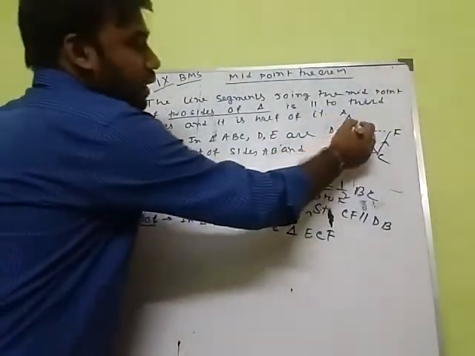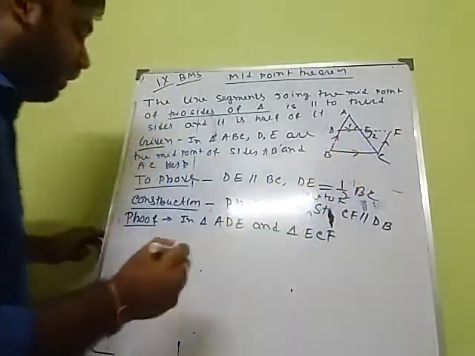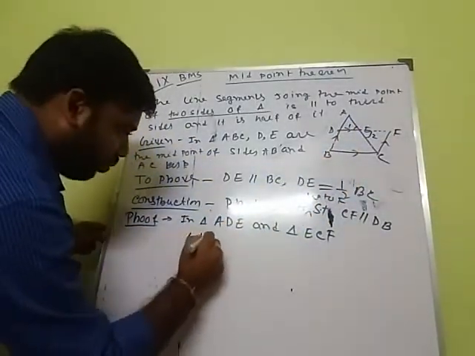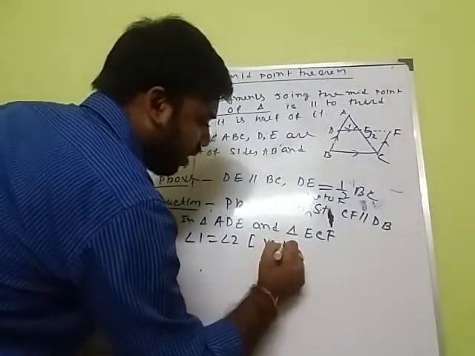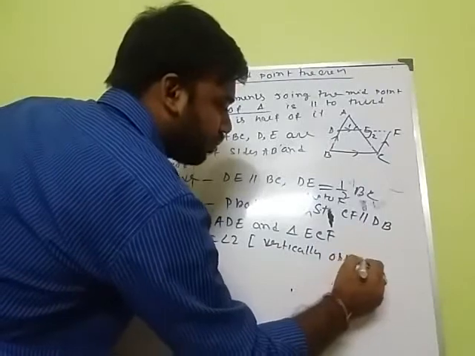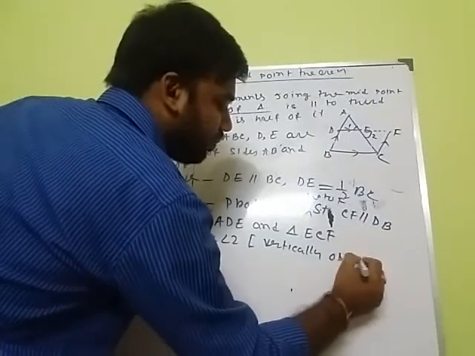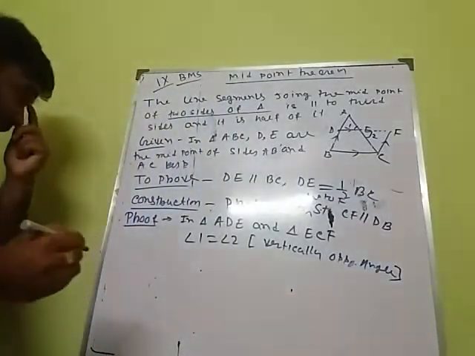First of all, students, this angle and this angle, angle 1 and angle 2. Angle 1 is equal to angle 2. Why? Because they are vertically opposite angles.